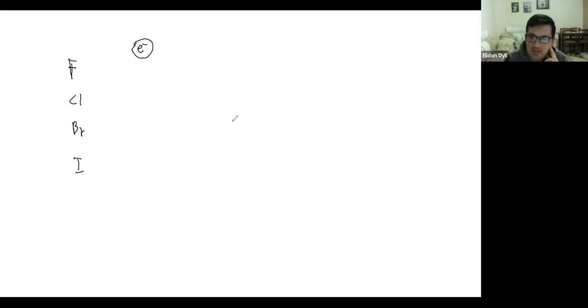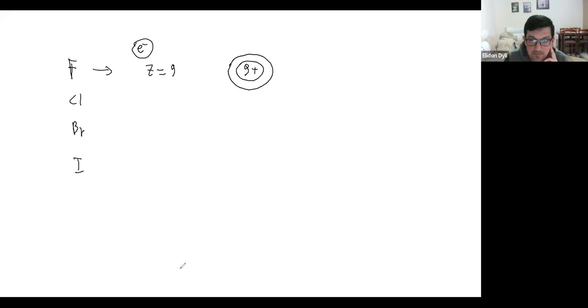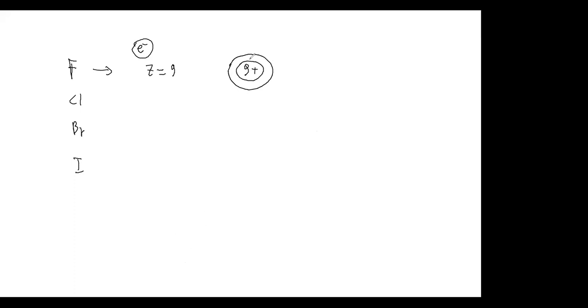I'm going to make it easier for you. For example, fluorine has the atomic number of 9. It means that it has 9 protons in the nucleus and 2 electrons in the first shell and 7 electrons in the second shell.